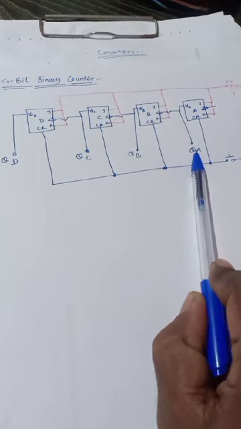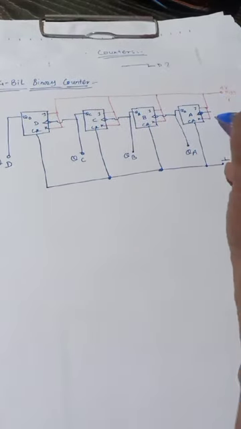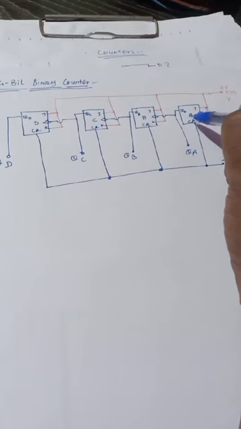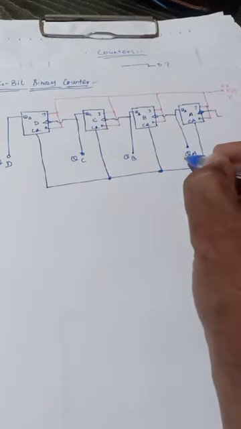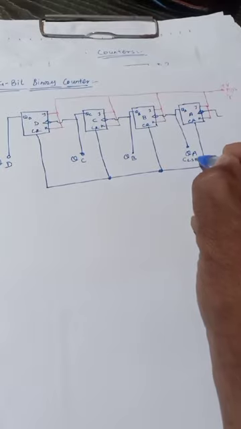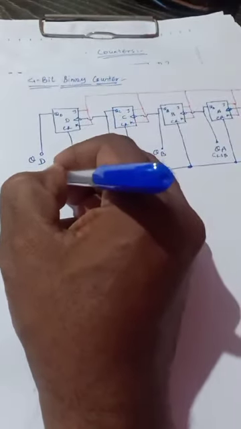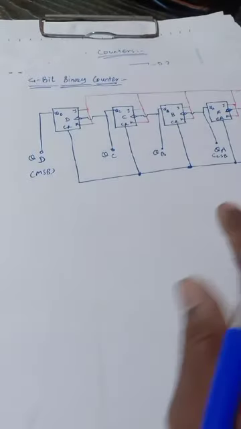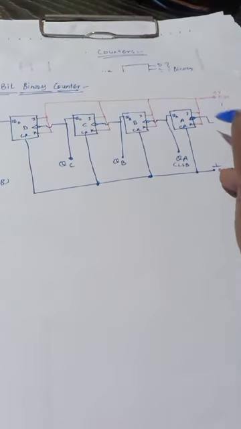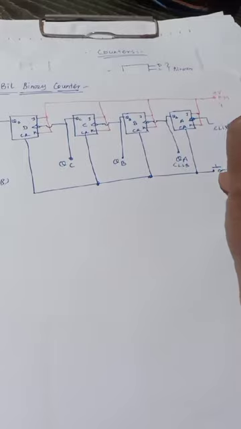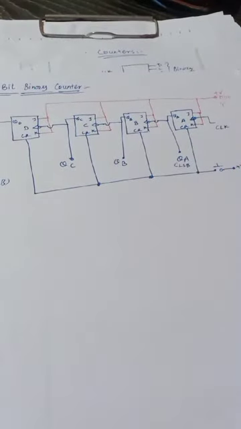You have to apply a clock to the first flip-flop, which has the least significant bit output, the LSB, and this is the MSB, the most significant bit output. So you have to apply a clock here.